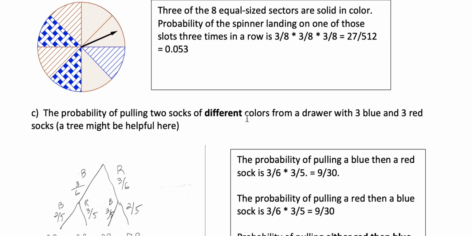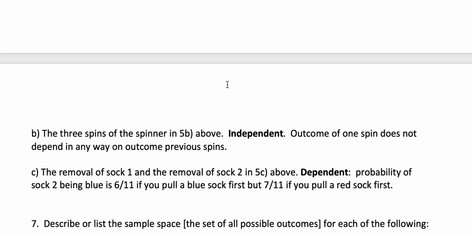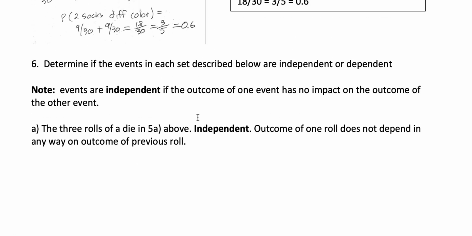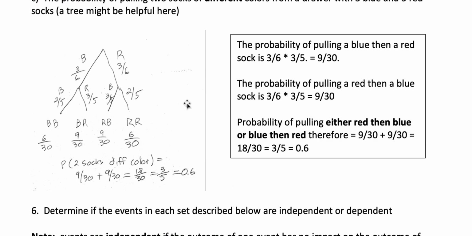So those 2 are independent. On the other hand, for the socks, when I pull out... By the way, the spinner is also independent, because there's going to be a 3/8 probability on the first spin, 3/8 on the second, 3/8 on the third, and it would always be 3/8. It wouldn't matter what happened on the first, second, or third spin.